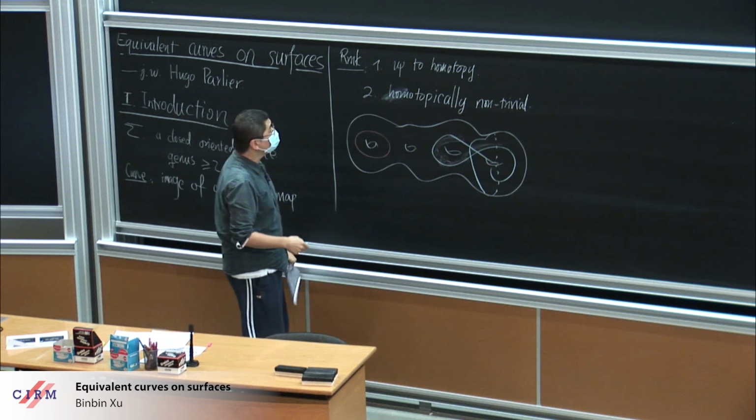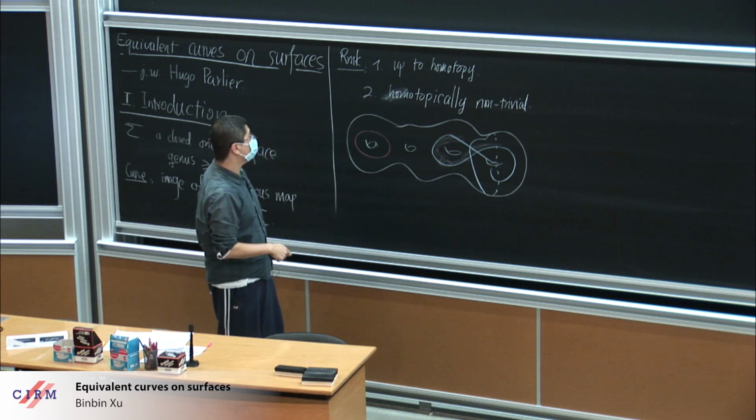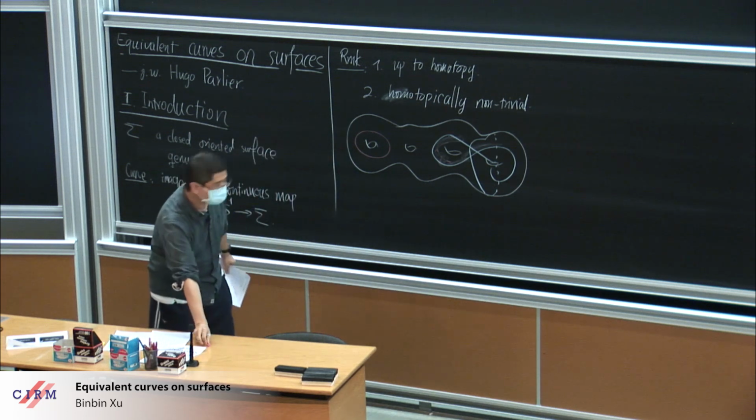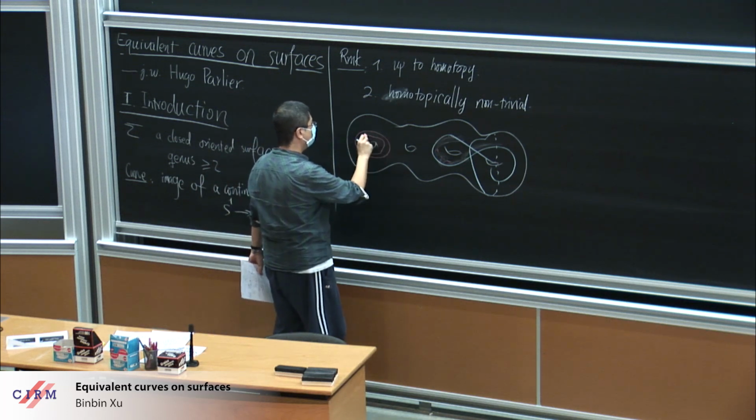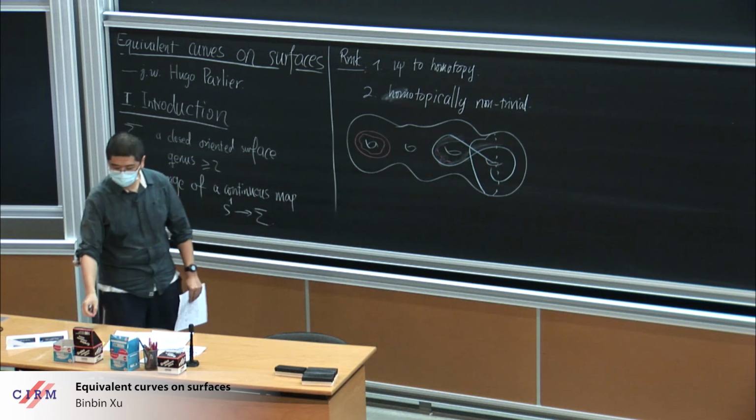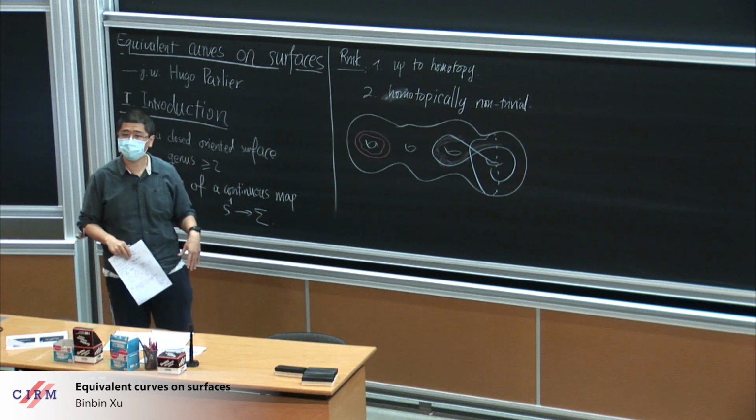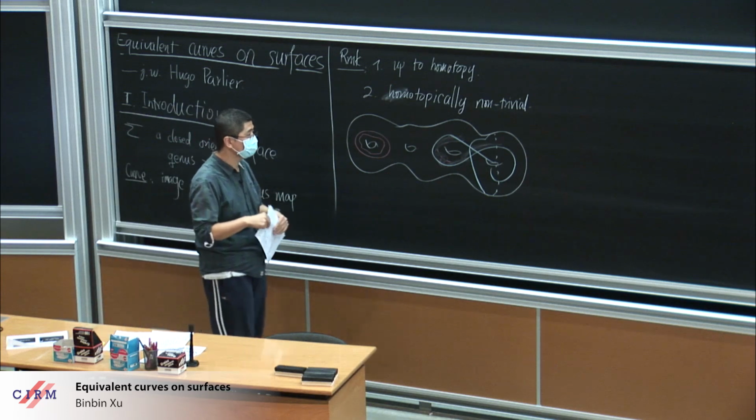What I mean by up to homotopy is if I have two curves which can be changed from one to the other by a homotopy of the surface, I will consider them as the same curve. So basically it's a homotopy class of closed curves.